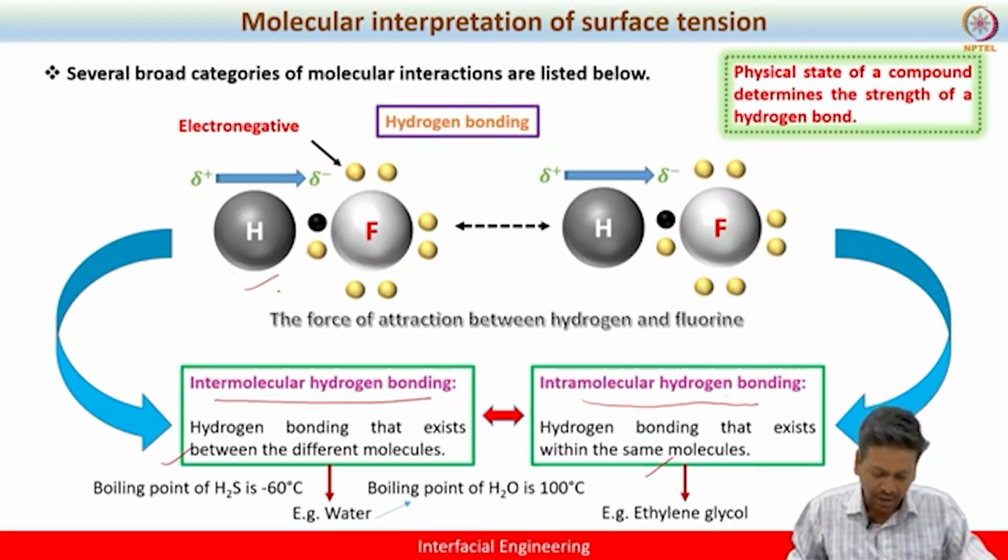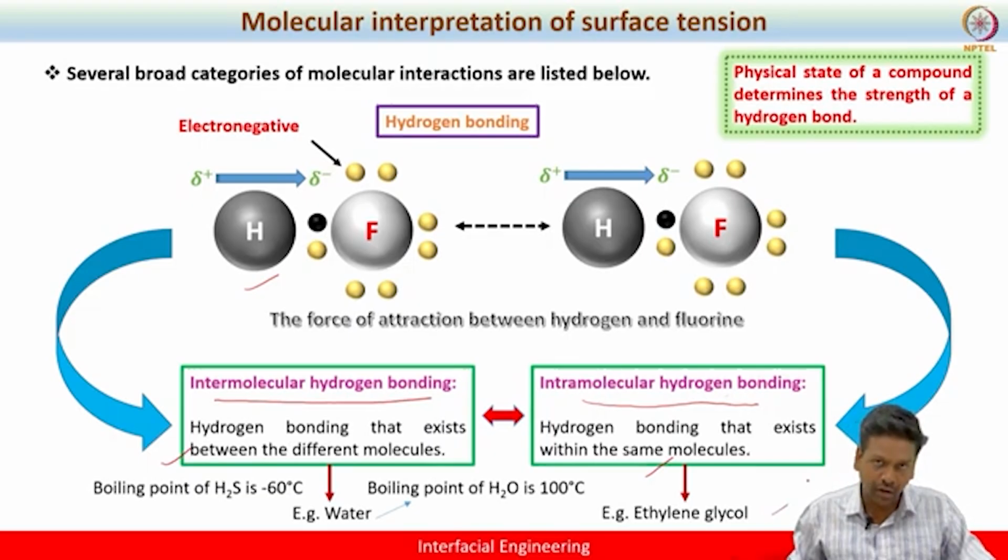Okay, and because of this hogging tendency, fluorine will always gain net negative charge, and hydrogen will gain net positive charge, and there exists electrostatic attraction between these two atoms within the same molecule, right? And this is one type of hydrogen bonding. So there are some examples for intramolecular hydrogen bonding.